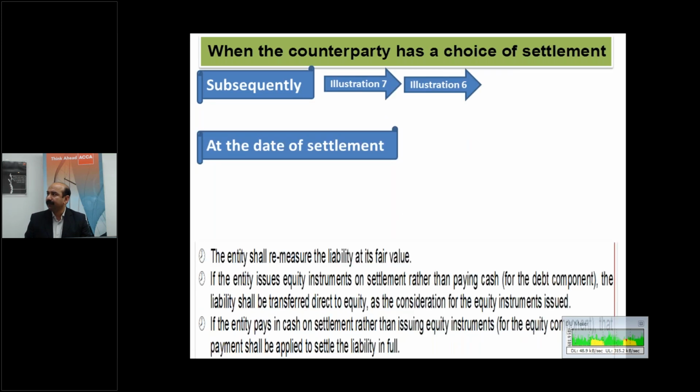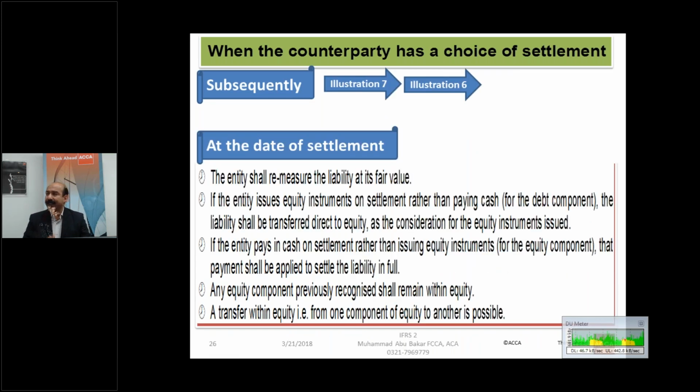Subsequently, at the date of settlement, the entity shall re-measure the liability at its fair value. If the entity issues equity instruments on settlement, rather than paying cash for the debt component, the liability shall be transferred directly to equity as the consideration for the equity instrument. If the entity pays in cash on settlement rather than issuing an equity instrument, that payment shall be applied to settle the liability in full. Any equity component previously recognized shall remain within equity.